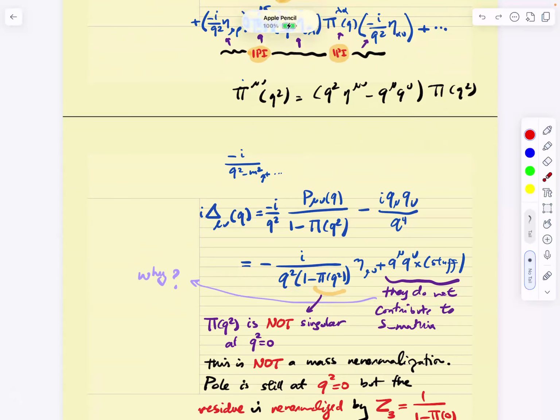But the point is exactly that the only thing that matters is this pi of q. The tensorial structure of it is fixed by Ward identities, by the fact that there should be no propagating degree of freedom in the direction of propagation.